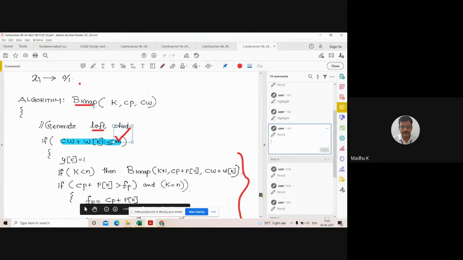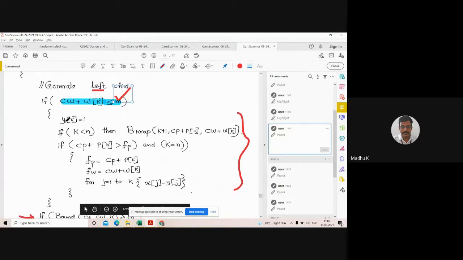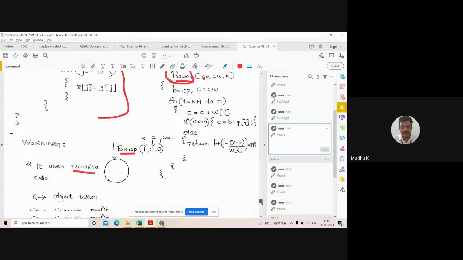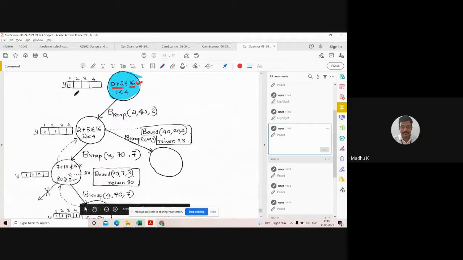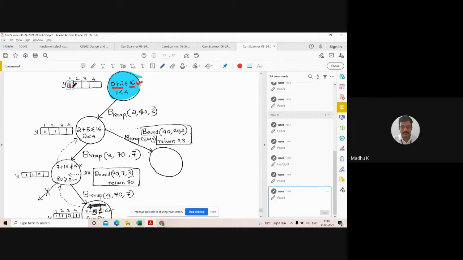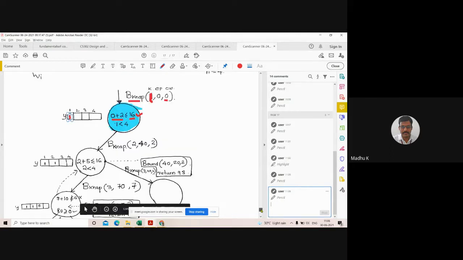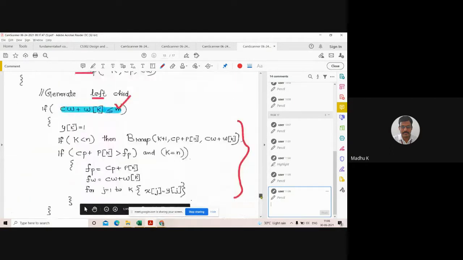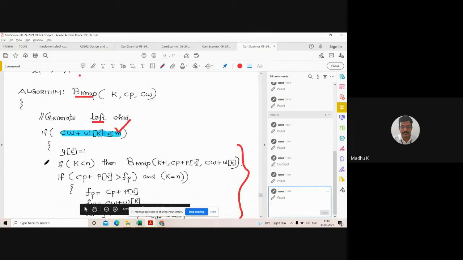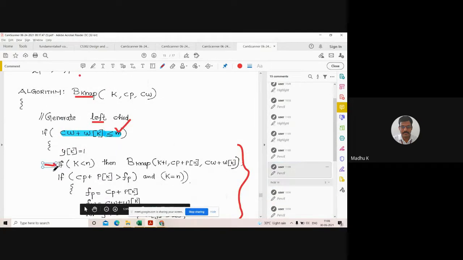So we first set y of k equal to 1 in that state. There is an array y, a temporary solution vector, and here we set 1. Then we check this condition: if k less than n.